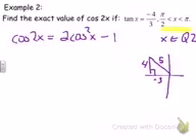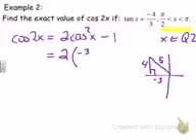So I'm trying to find the exact value of the cosine of 2x. I'm ready, right? Because all I needed to know was the cosine of x. So this is going to be 2 times the cosine of x squared. What's the cosine of x? Cosine is adjacent side over hypotenuse, so it's negative 3/5.